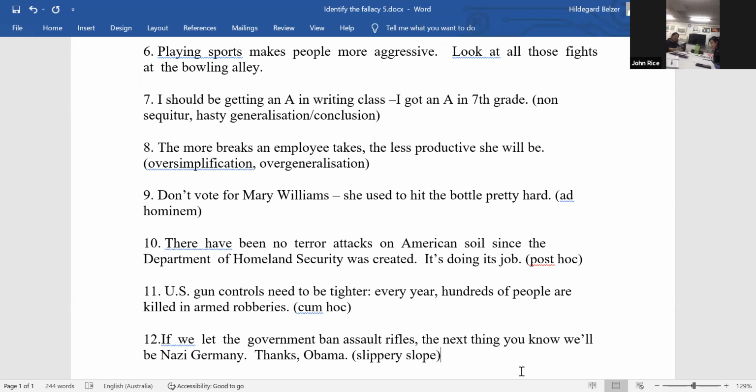That would be a valid argument. But to just claim it, A therefore Z, without providing the intermediate proof, that is a slippery slope.